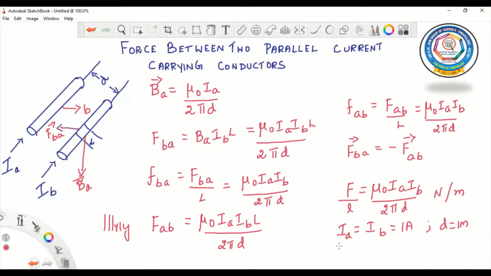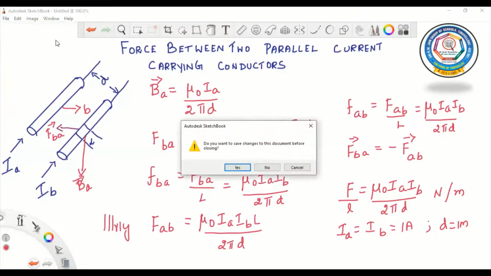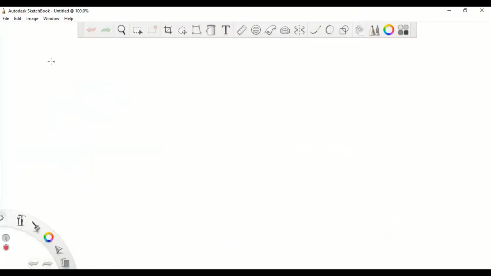Then F is equal to 4 pi into 10 power minus 7, the value of mu naught, divided by 2 pi, which is 2 into 10 power minus 7 newton per meter. From this we are going to define 1 ampere.